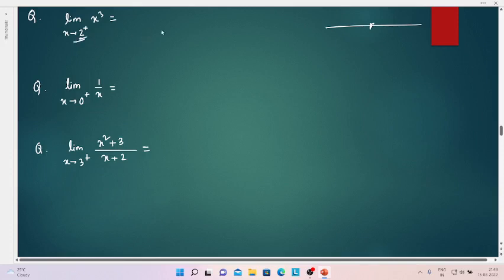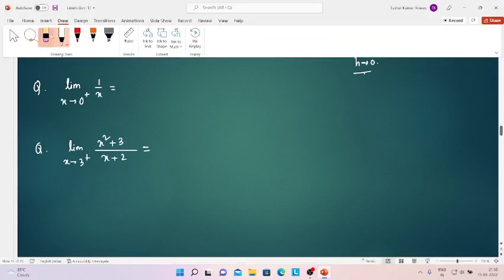Here a is nothing but 2, so we put x equals 2 plus h, and take the limit as h tends to 0. So x cube will become (2 plus h) whole cube.